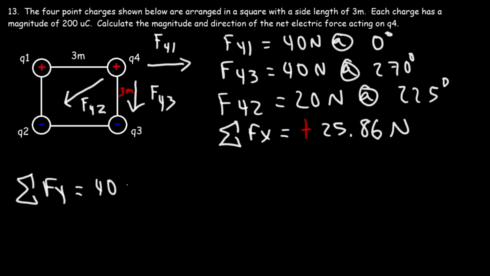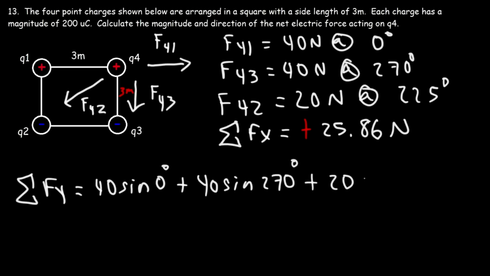So it's going to be 40 sine 0 degrees plus 40 sine 270 degrees, and then plus 20 sine 225 degrees. So let's go ahead and type this in.